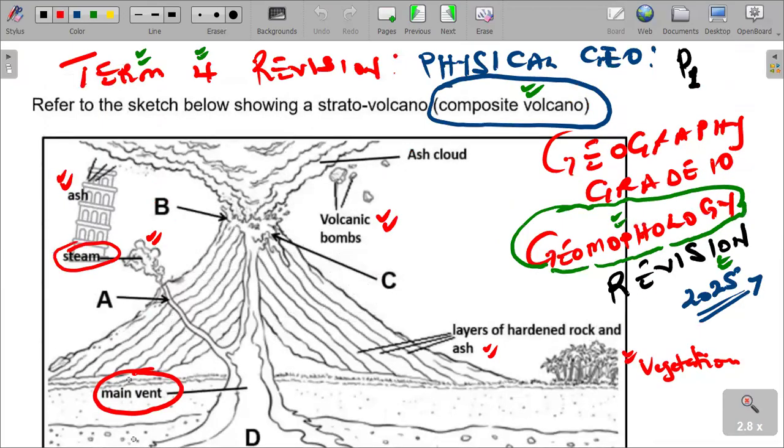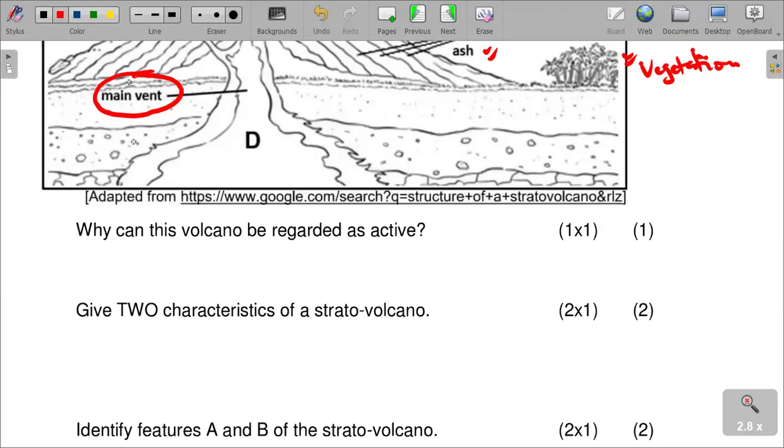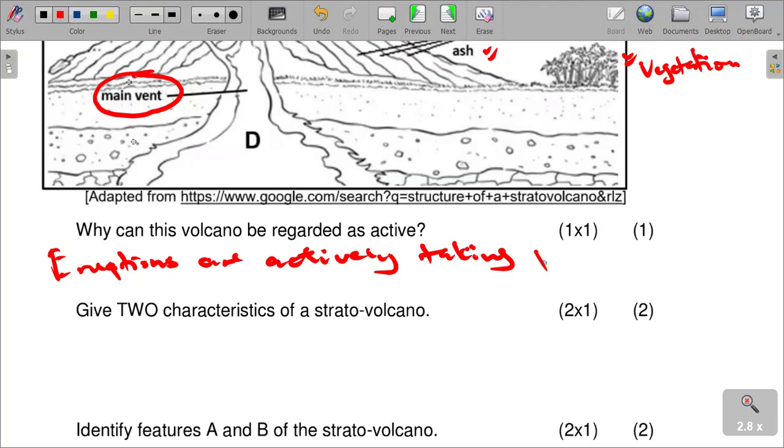Active means that something is still happening. It is too destructive. Something is still happening. So what happens is that we have eruptions that are evidently taking place. Eruptions are actively taking place.